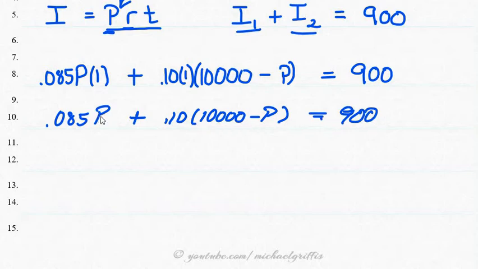So we have an equation, and we want to simply solve for P. So what we're going to have to do here is go ahead and distribute this across. So this is 0.10 times 10,000. That's going to give us 1,000. I'll go ahead and rewrite this part.